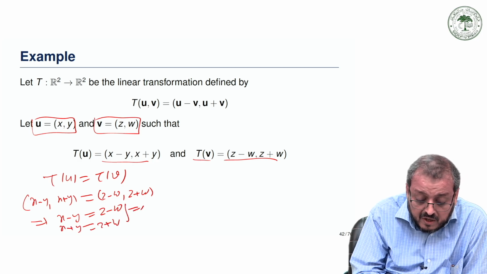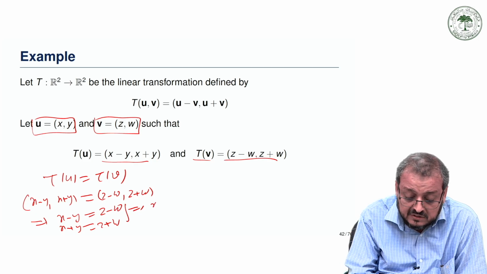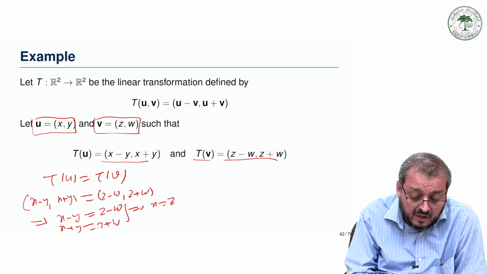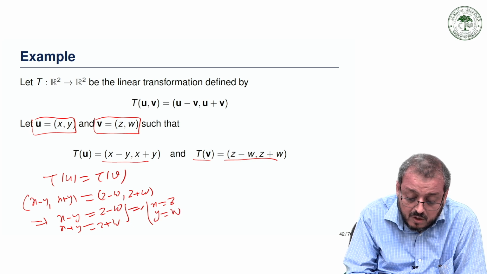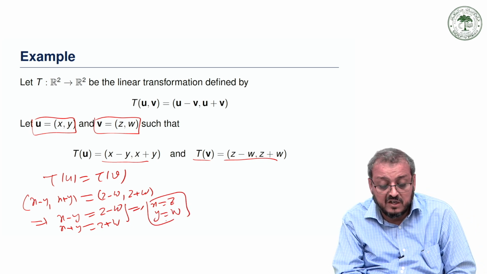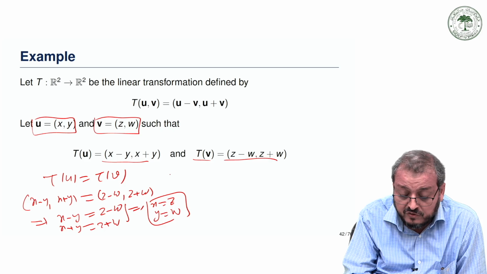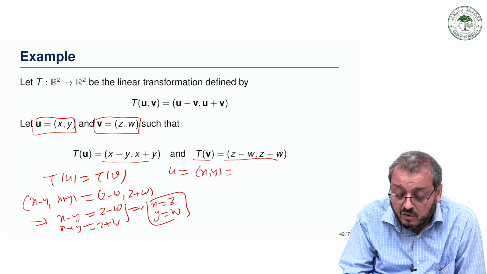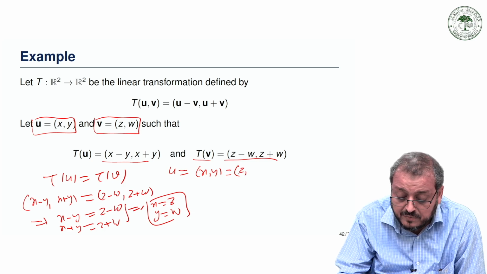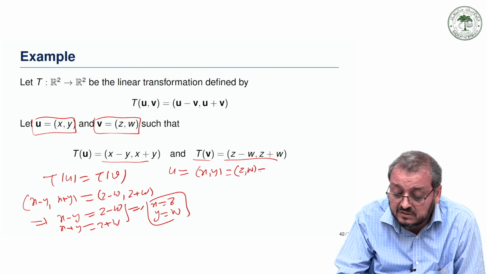Now adding these two, we get x is equal to z, and if x is equal to z, then y is equal to w. So x is equal to z and y is equal to w. We can then say that u can be written in the form (x, y), where x is the same as z and y is the same as w, and this is nothing but v.